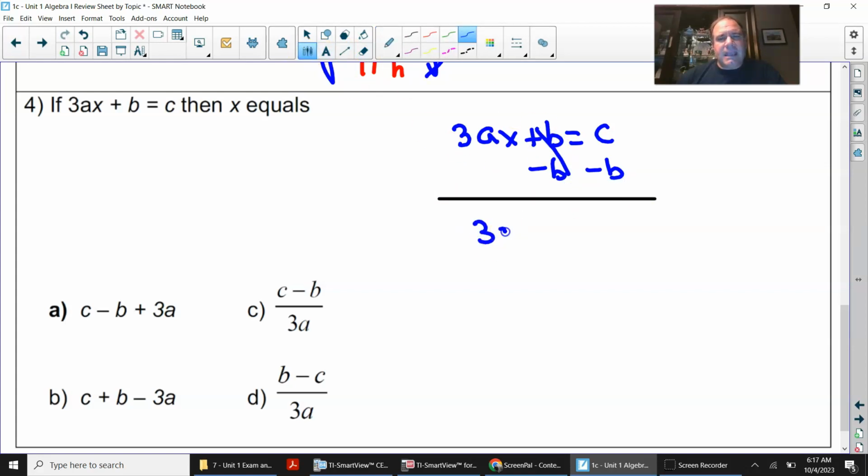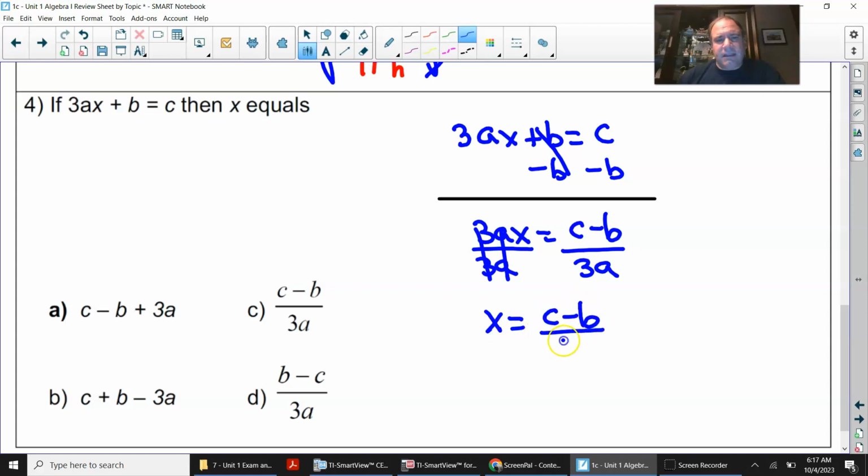You have 3ax equals c minus b. Then I'm going to divide by whatever I need to cancel. And I need to cancel the 3 and the a. So x equals c minus b over 3a. And that is it.